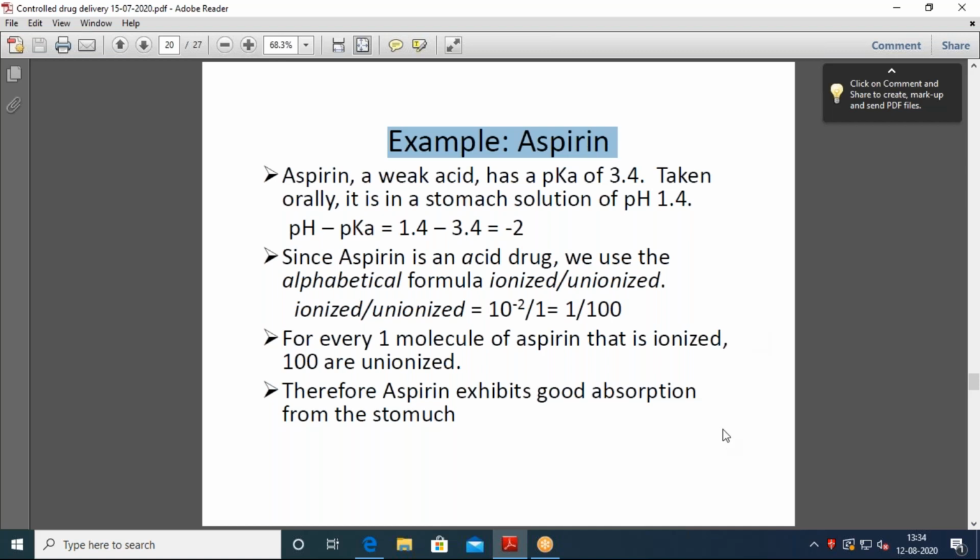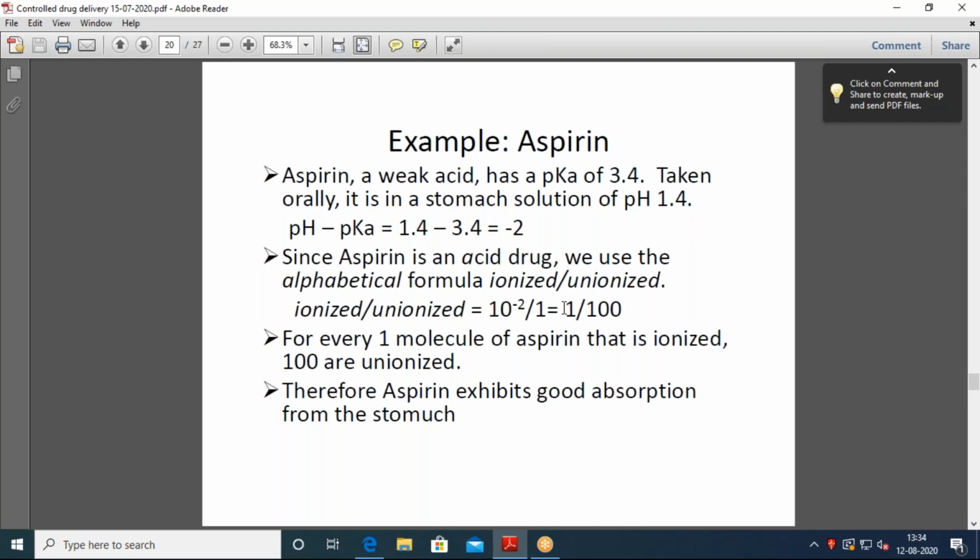For example, aspirin has a pKa value of 3.4, and the stomach pH is somewhere around 1.4. The proportion of ionized to unionized species is something like this.